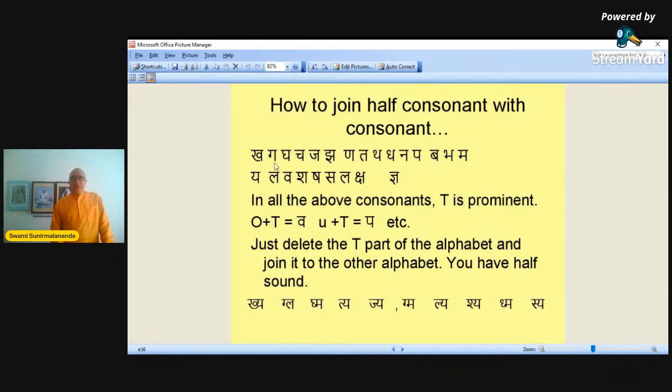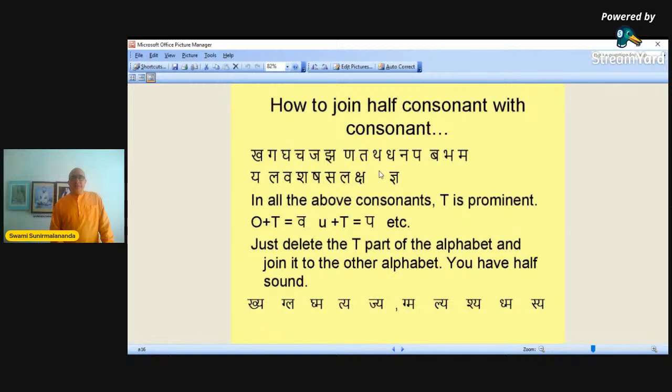How do you do that? Just eliminate the T portion, the English T part, and just use the other part with La. It becomes Gla. Gha is here. Just eliminate the T part to make it a half consonant. Add it to Ma. Here, the last one. It becomes Gma. Tya. How to write Tya?